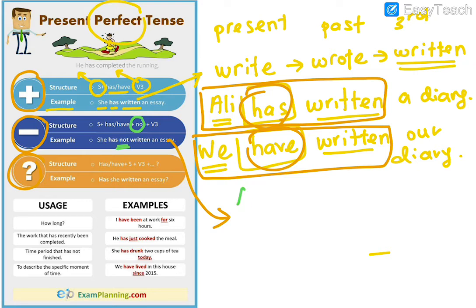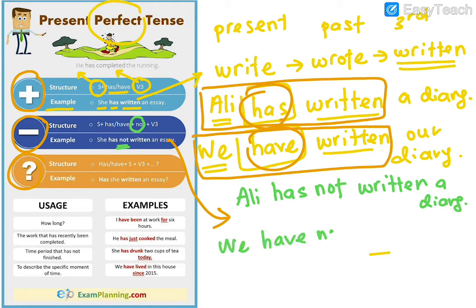We use the same sentence. Ali, the subject, and then has the perfect cue, not, to show negative. Has not written, the third participle verb, and then a diary. Okay, same goes to plural. We have not written a diary. Okay, class? That is basically present perfect tense.